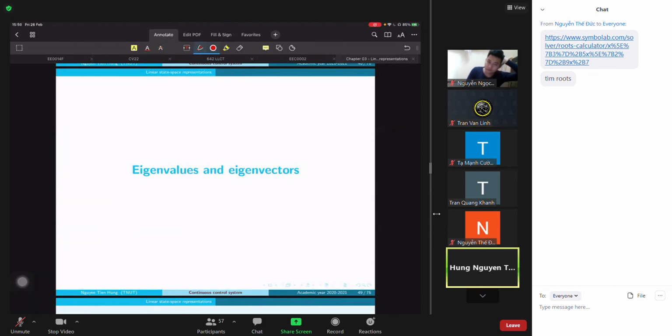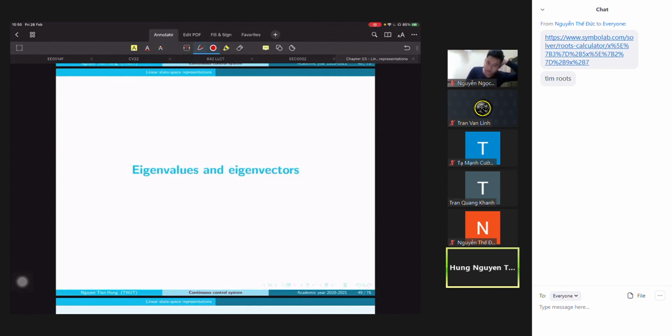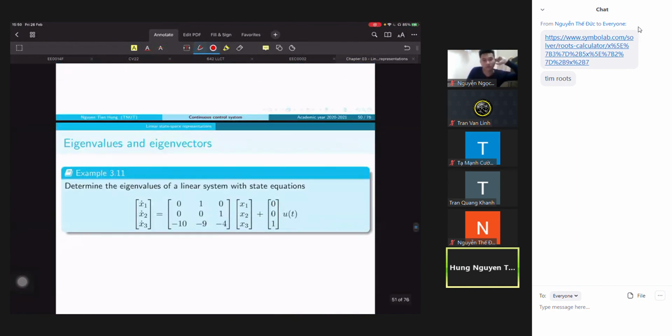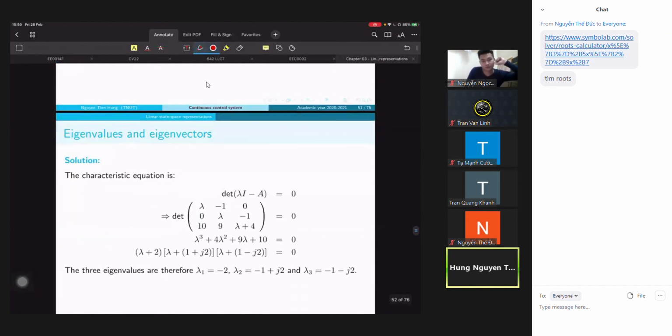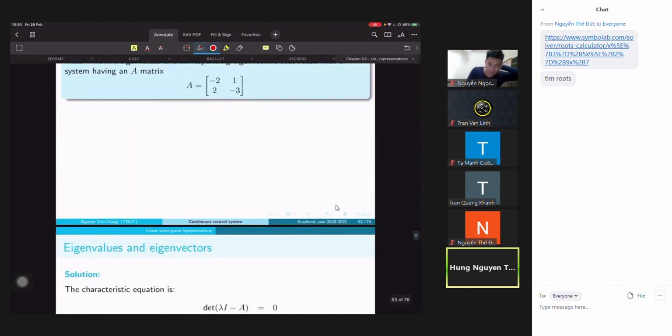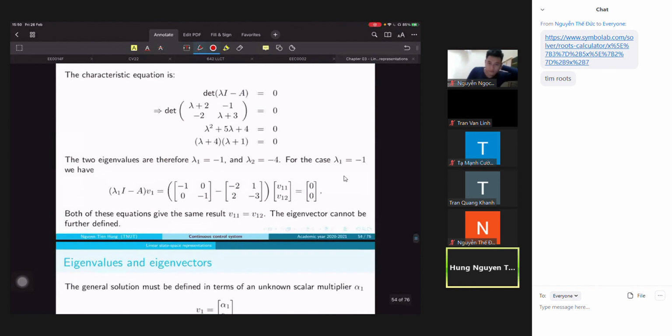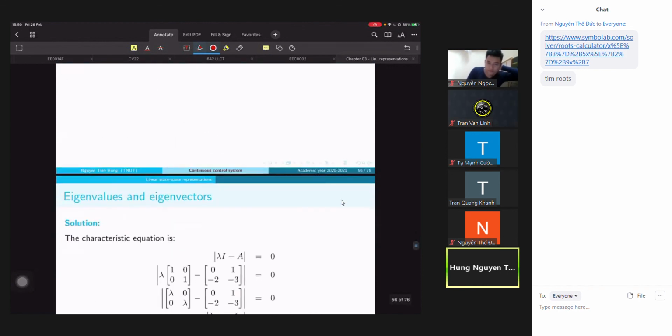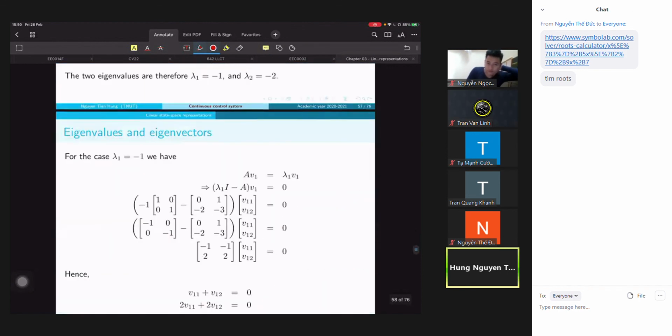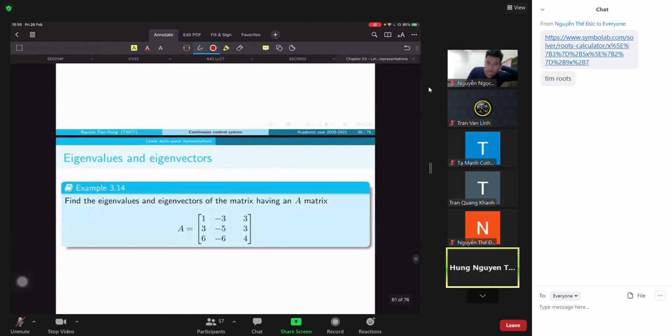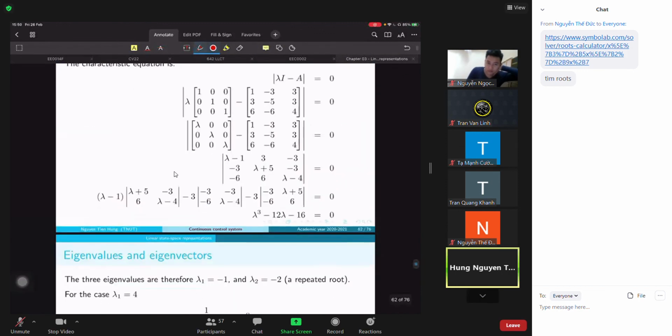Maybe in calculus 1, calculus 2, or calculus 3, we look at eigenvalues and eigenvectors and what the definition of them is. In this course it's relevant because there is an equivalence between the eigenvalues, eigenvectors, and the poles.